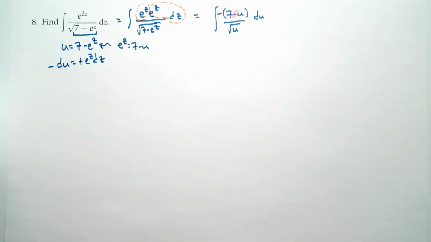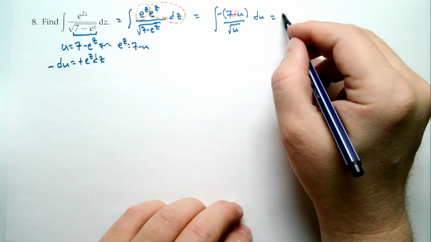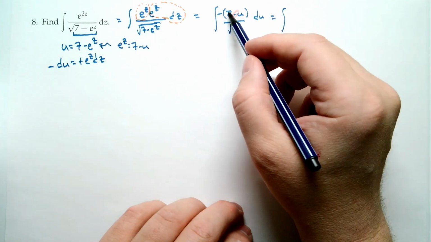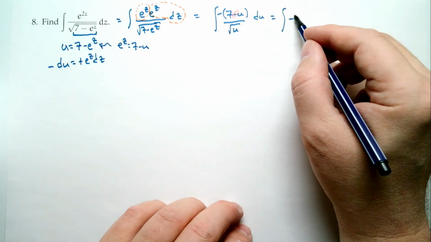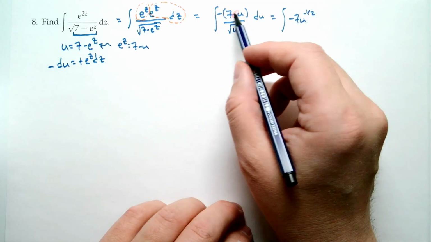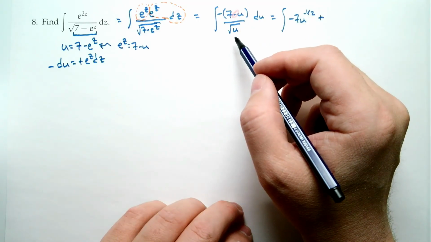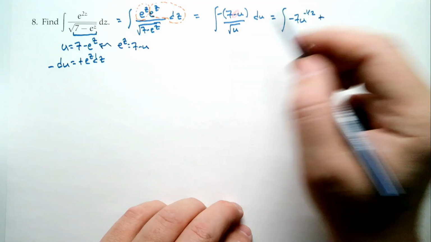When we have things that are minus in the numerator, not in the square root, that says you can pull it apart into two pieces. So we have minus 7 over square root of u, which I can think of as minus 7 times u to the minus a half. Minus minus makes plus. And then u over square root of u, well, that would be u to the positive 1/2.